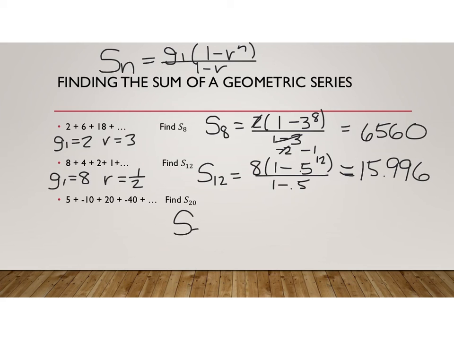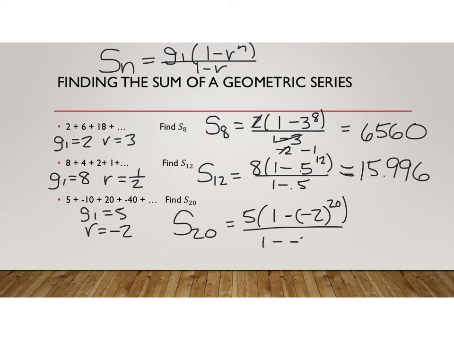This last one, the ratio is a negative number. You've got to be careful with this one. And the first term is 5. So we're going to take 5 times 1 minus negative 2 to the 20th power, all over 1 minus a negative 2. Again, mentally, this bottom, I'm subtracting a negative number, so I could change that to addition. That's 3. On the top, I cannot do that because I'm taking that to the 20th power first.